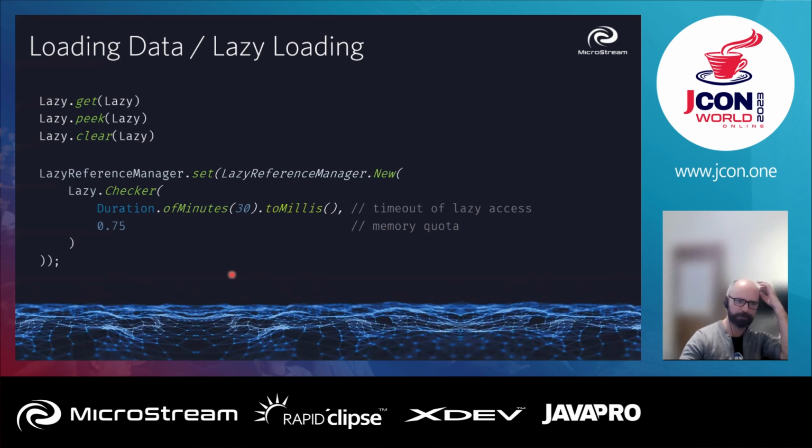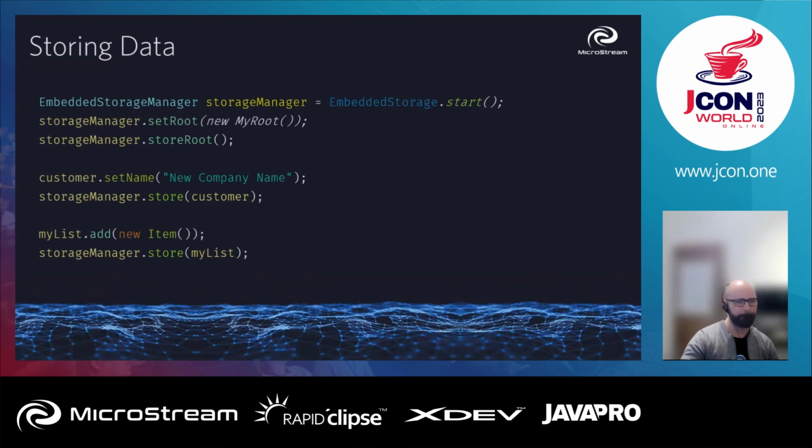The lazy reference manager will do that for you. Yeah, that's all you need to know about loading data. Everything's eager, except it's declared as lazy, and the lazy getter will do the job for you, and the clearer will remove it again.